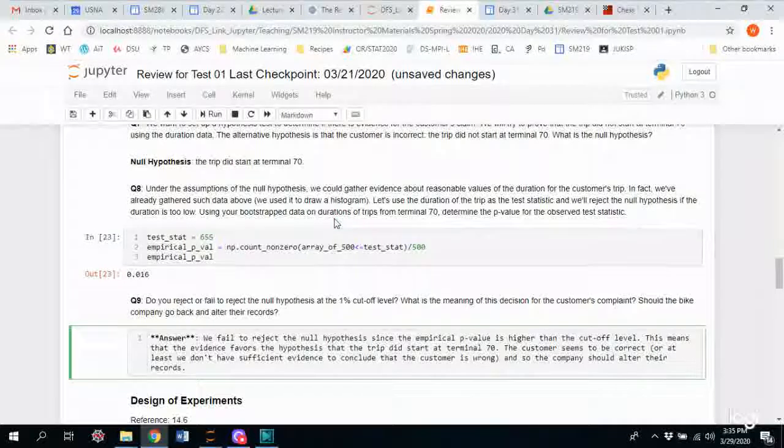Of course, when you alter records like that, you might want to put some kind of note down saying that we've altered our record because this empirical p-value is larger than the 1% cutoff level, and so we couldn't find sufficient evidence to show that the customer was wrong.